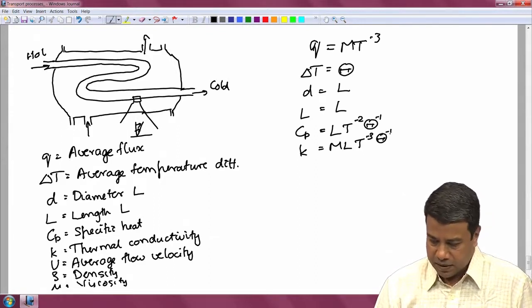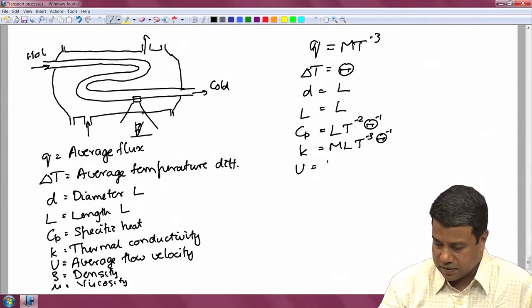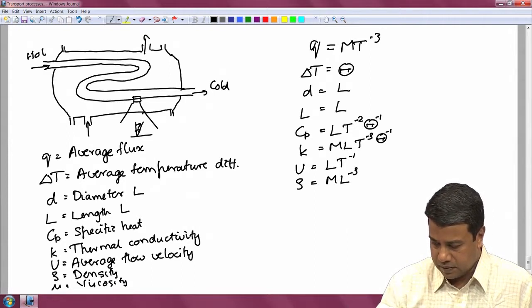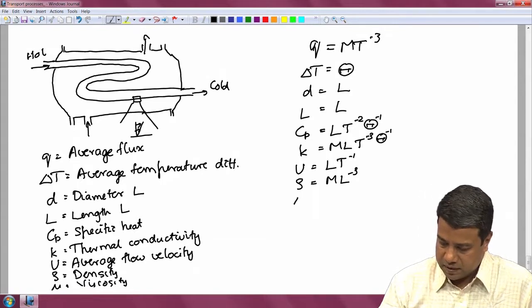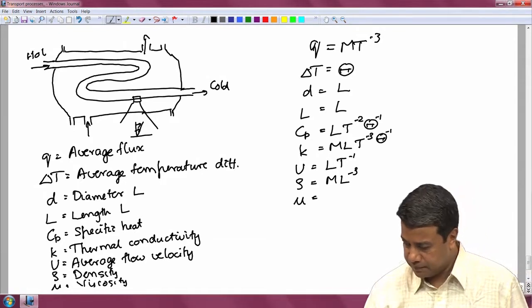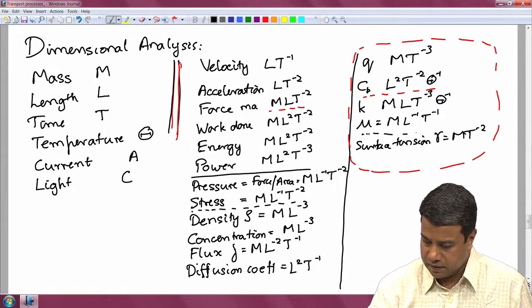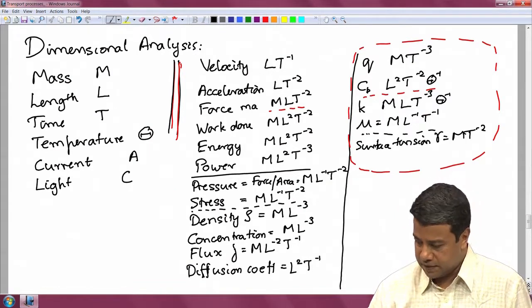The average velocity had dimensions of length per unit time. The density was a mass per unit volume. And the viscosity, if you recall, we had got it over here, M L inverse T inverse.